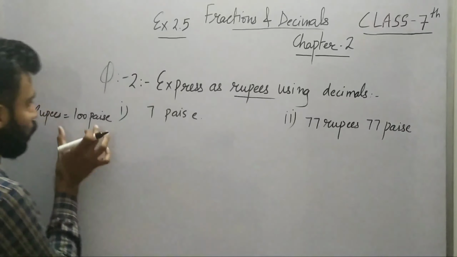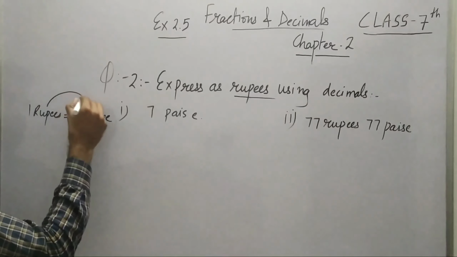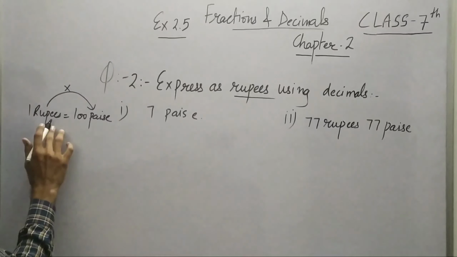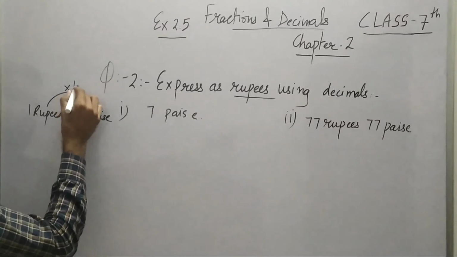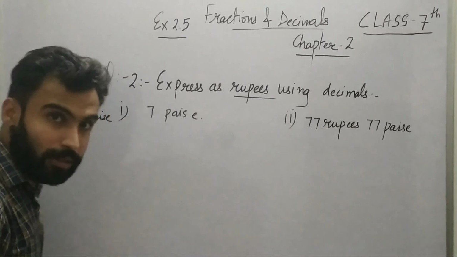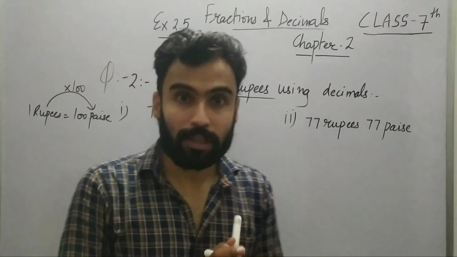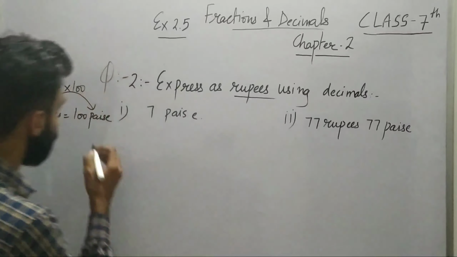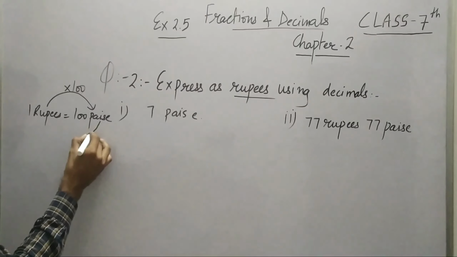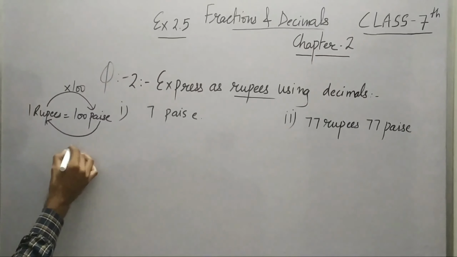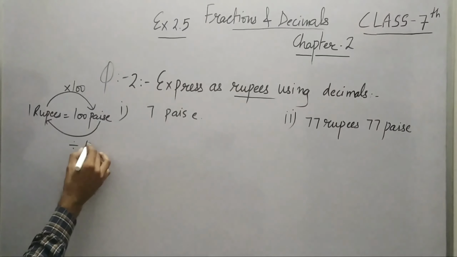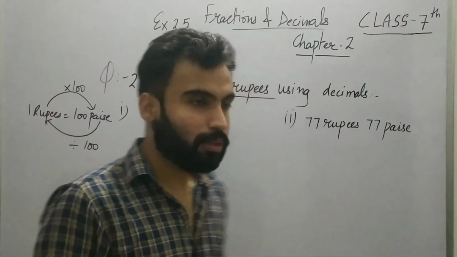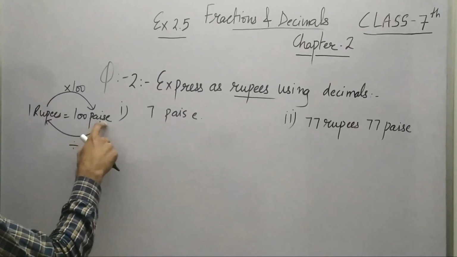So this is a relation that we are studying from our smaller classes. So let me just tell you that to convert rupees into paisa, we have to multiply it by 100 here. That value which is given in rupees, to convert it into paisa, we have to multiply it by 100. And to go opposite direction, to convert paisa into rupees, we have to divide that paisa amount by 100. So this is kind of a solution to it, to convert rupees into paisa and paisa into rupees.